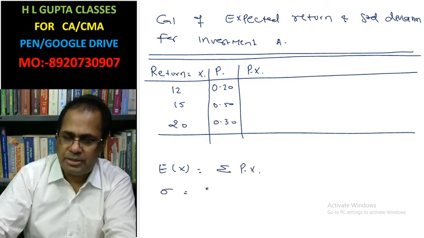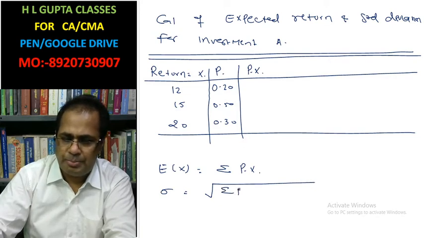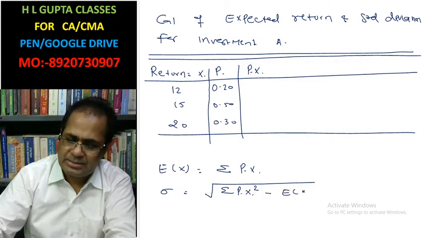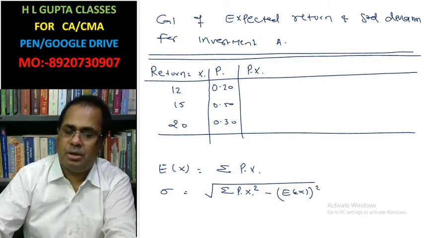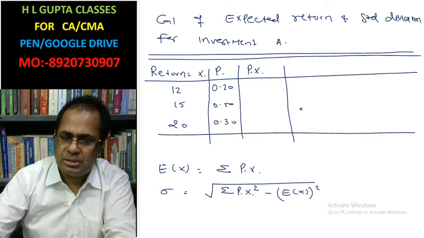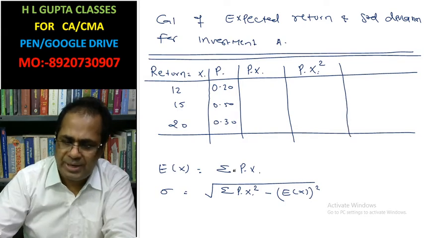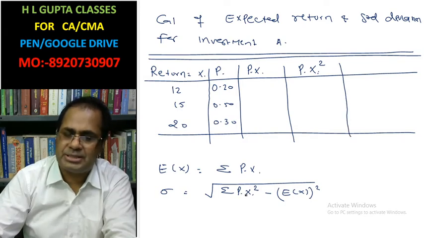The formula of standard deviation is root under summation PiXi square minus E(X), this is expected return, whole square. And one more column you need to make, that is PiXi square.